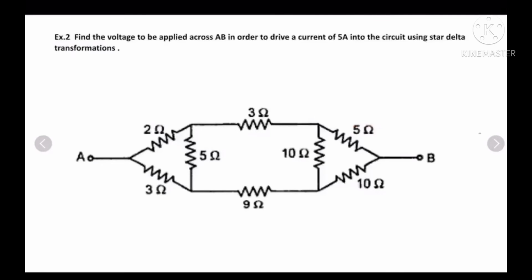The very first step to convert delta into star is to draw a star inside the delta, and let's name it R1, R2 and R3. Similarly, we will do in this delta also. So this is RA, RB and RC.